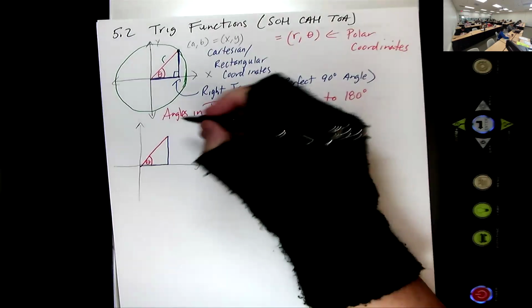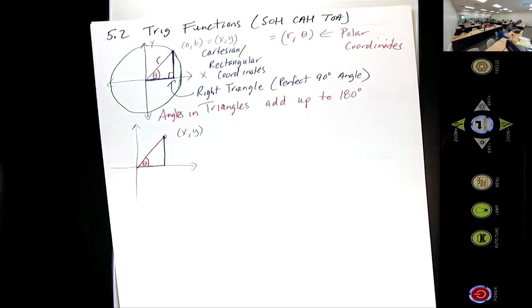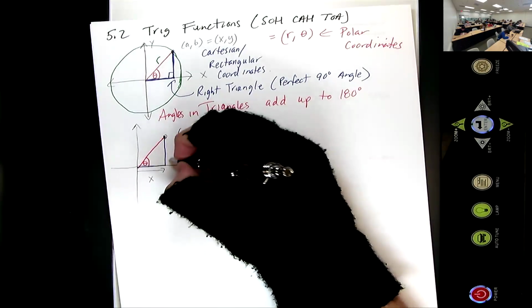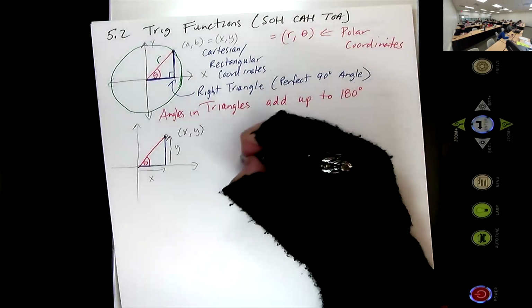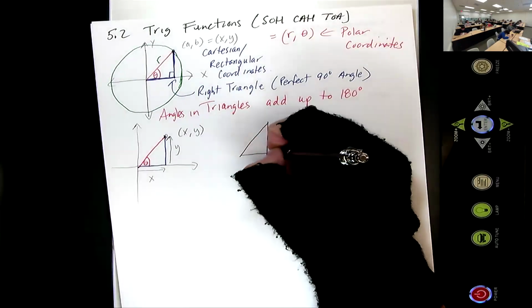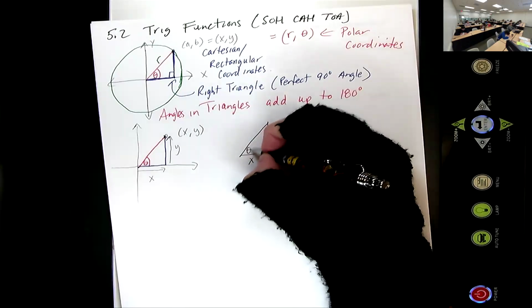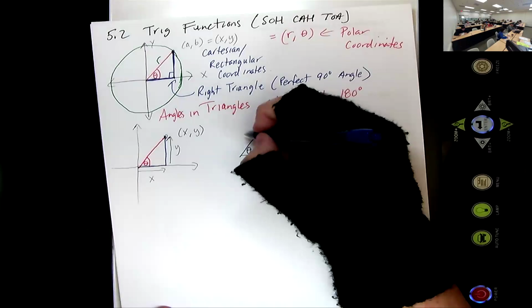The reason why that point is X, Y, as we'll call it, means that we've gone this distance X and this distance Y. So the triangle really has X for one side, Y for another side, and this angle is called theta. And this is R. We're going to use that R right here.